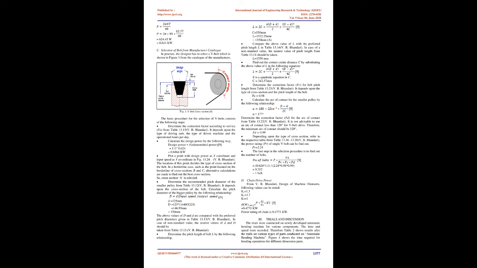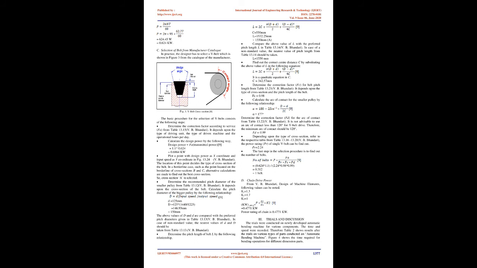The arc of contact equals 177.0 degrees. Determine the correction factor, FD, for the arc of contact from Table 13.22, VB Bundari. It is not advisable to use an arc of contact less than 120 degrees for V-belt drive. Therefore, the minimum arc of contact should be 120 degrees.